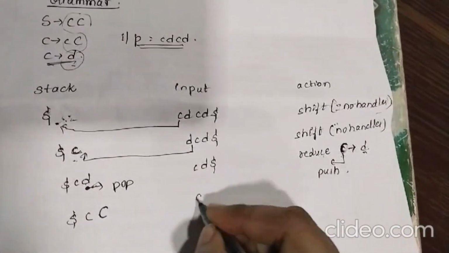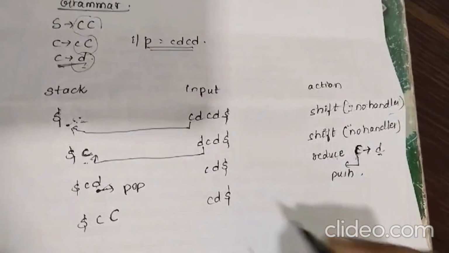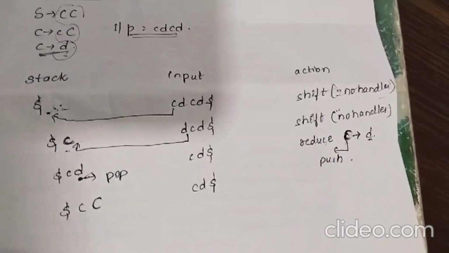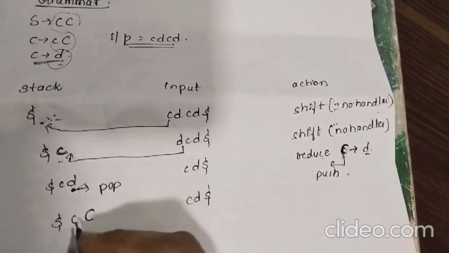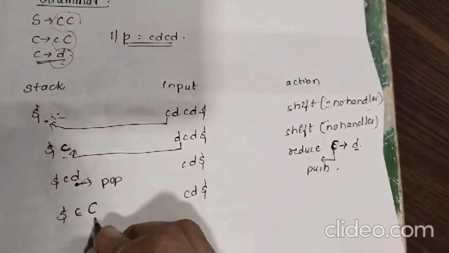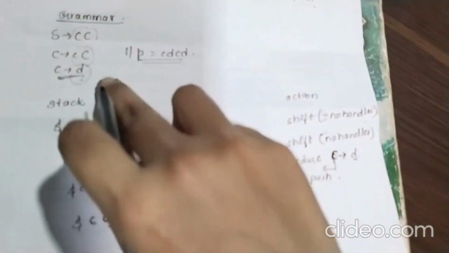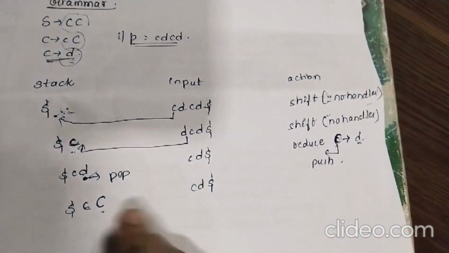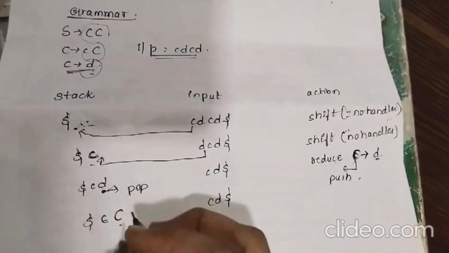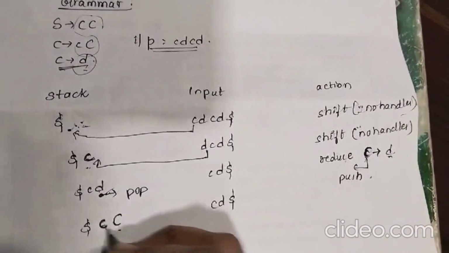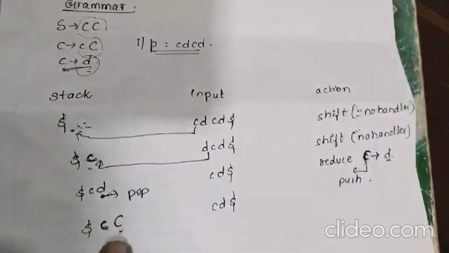So remaining elements here, CD, dollar. Okay. Now see, do we have capital C here, as a single production? We don't have, okay? Next, small c. Do we have small c single? We don't have.